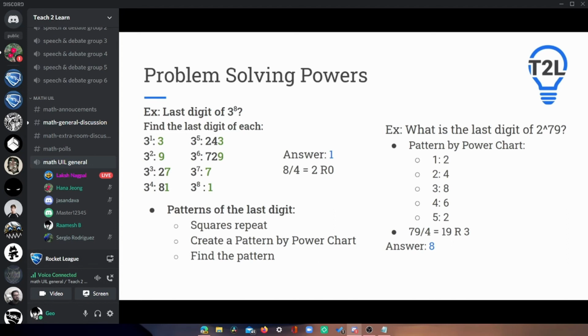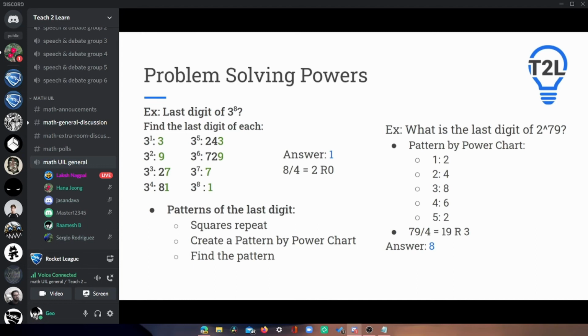So basically, the last digits repeat, so look at the pattern. Based on that pattern, you can get the last digit for every exponent.